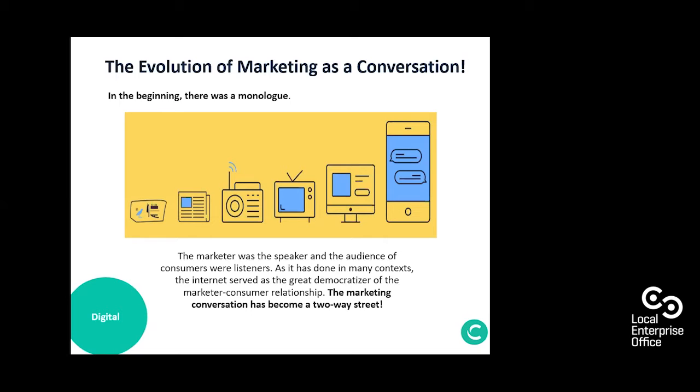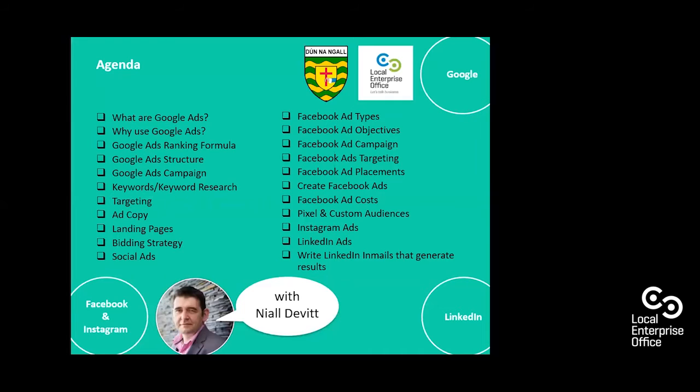It's a mass message to the widest possible audience. When it comes to digital marketing, it's very much a two-way street. So whether it's Facebook or Instagram or anything else for that matter, people can come on there, they can leave comments, they can share, they can do all of those things. So marketing has very much become a two-way street. It's become a dialogue, a collaboration with our customers.